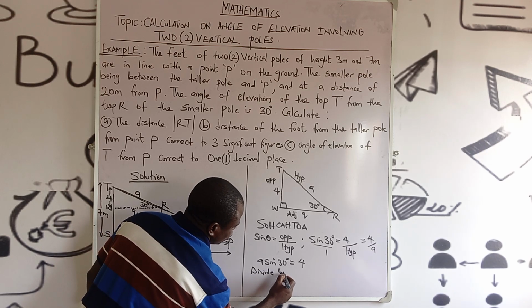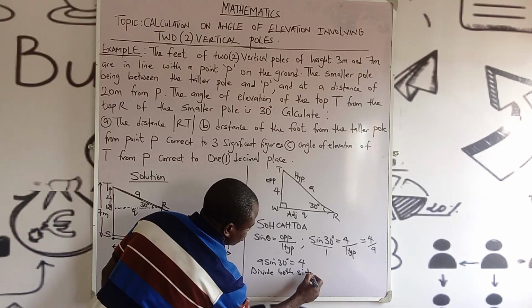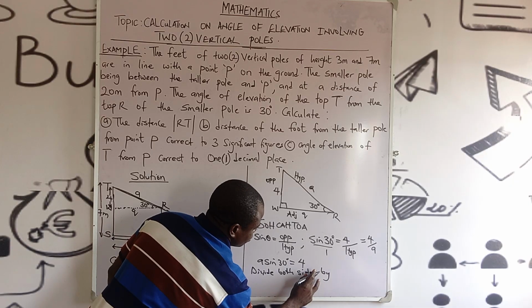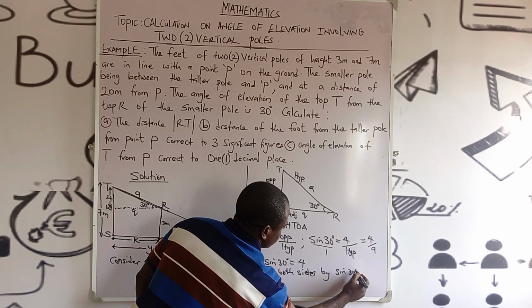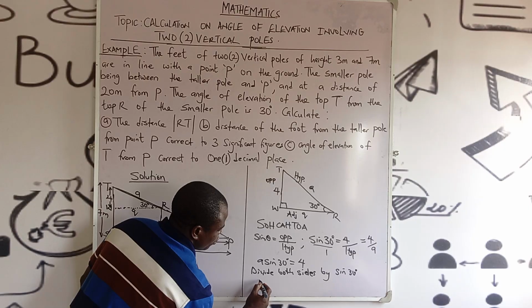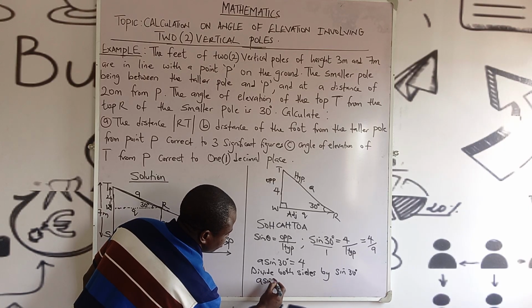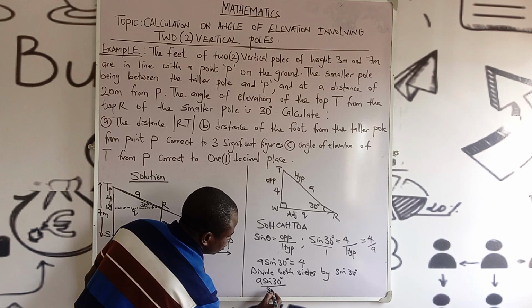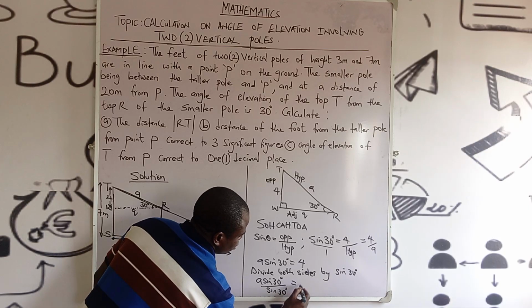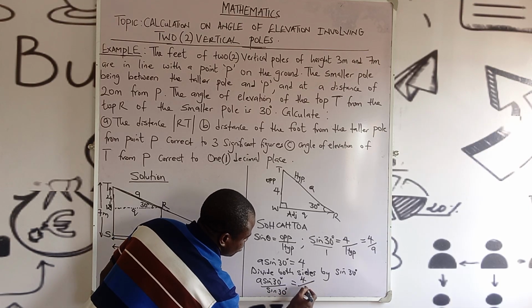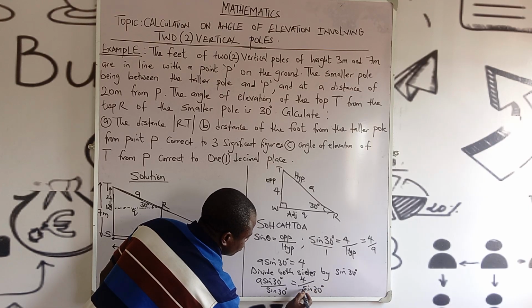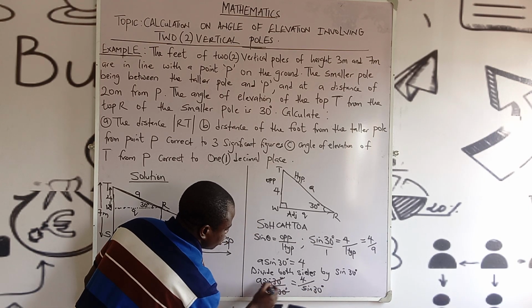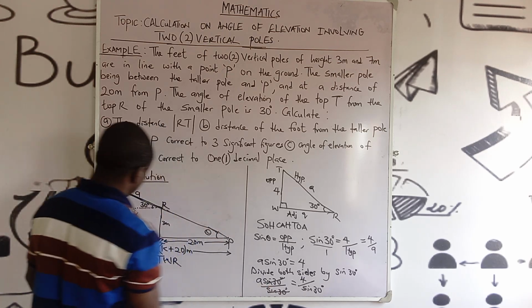Divide both sides by sine 30 degrees to get our A. A sine 30 degrees divided by sine 30 degrees equals 4 divided by sine 30 degrees. Sine 30 degrees cancels sine 30 degrees.